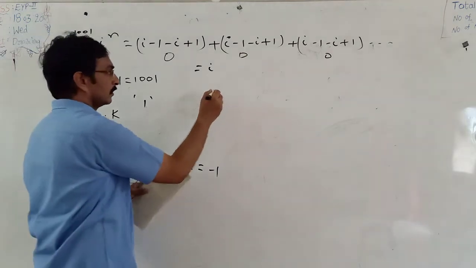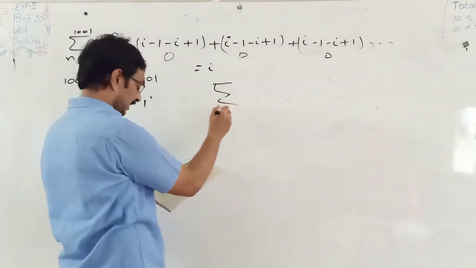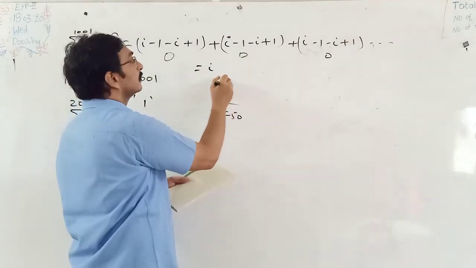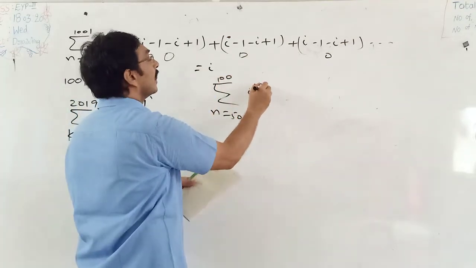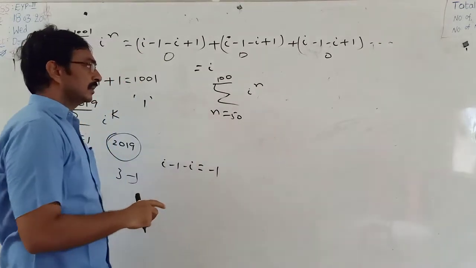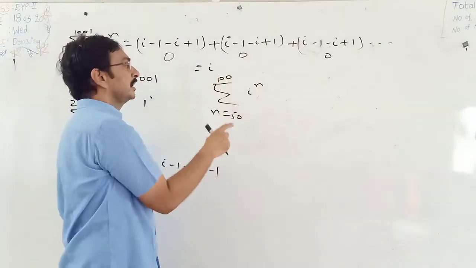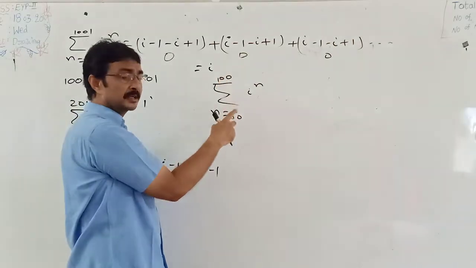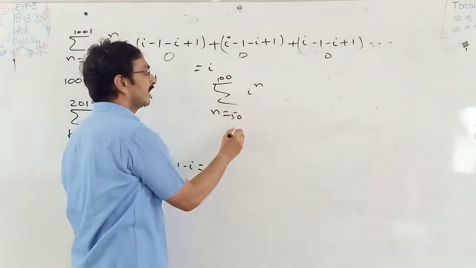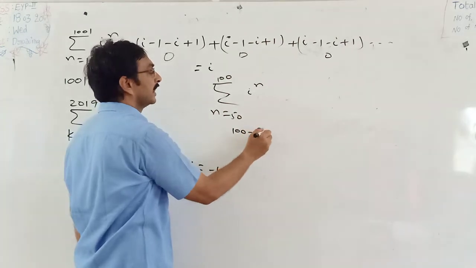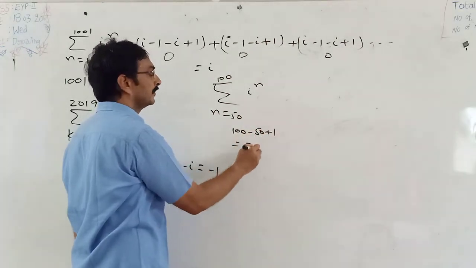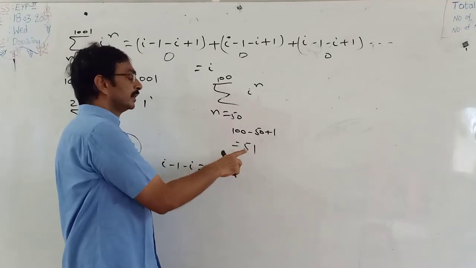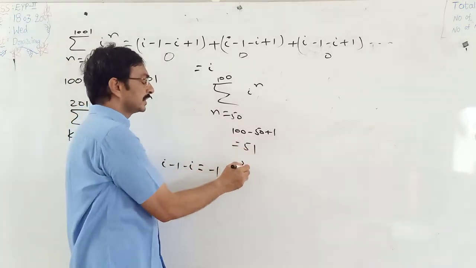Next problem: sigma n equal to 50 to 100 i power n. The number of terms is not 50, because 50 to 100 includes both n values. So the number of terms is 100 minus 50 plus 1, therefore 51 terms. If we divide 51 by 4, the remainder is 3.